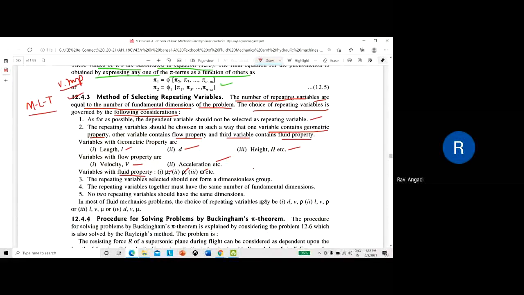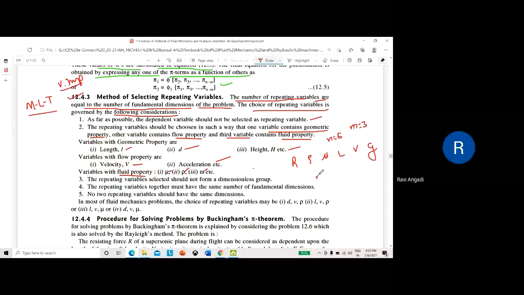I hope you're understanding. Suppose in the previous problem, the variables involved are R, density, mu, L, V, and G. How many variables are there here? 6. So n equals 6, and m equals 3.